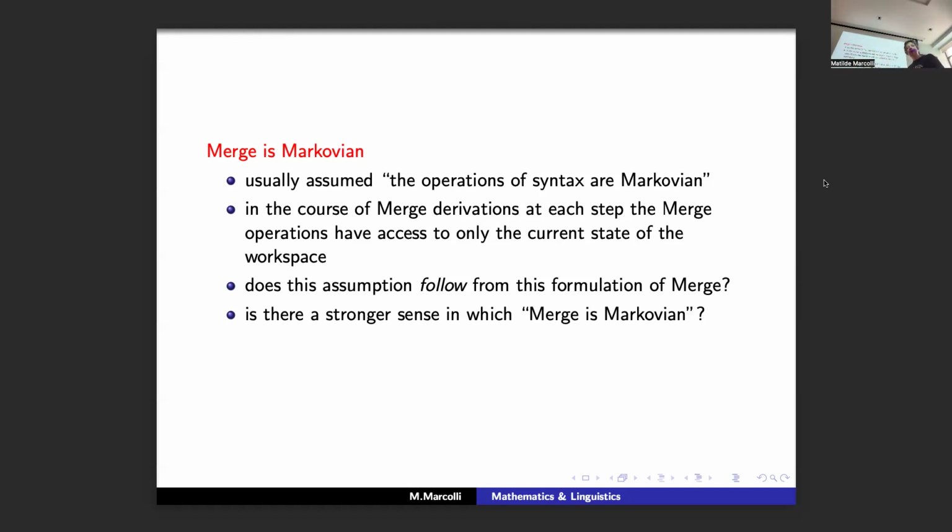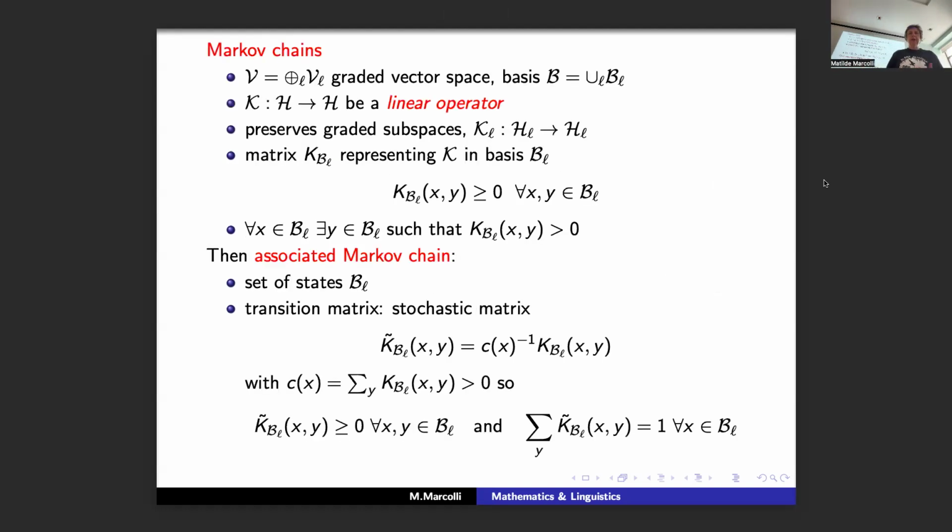But the point is that you can actually give a stronger sense in which you can prove that merge is a Markov chain in this Hopf algebra sense. So let's see what that means more precisely. Suppose that I have a graded vector space and a chosen basis for this vector space. This is the case for combinatorial Hopf algebras in general.